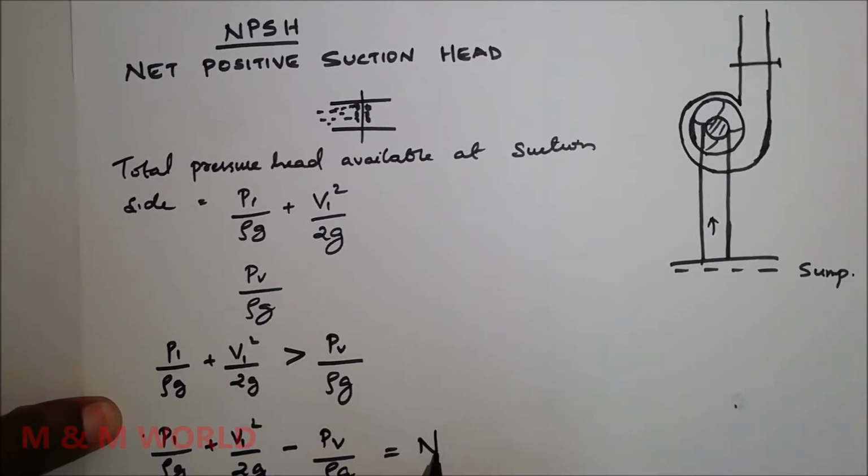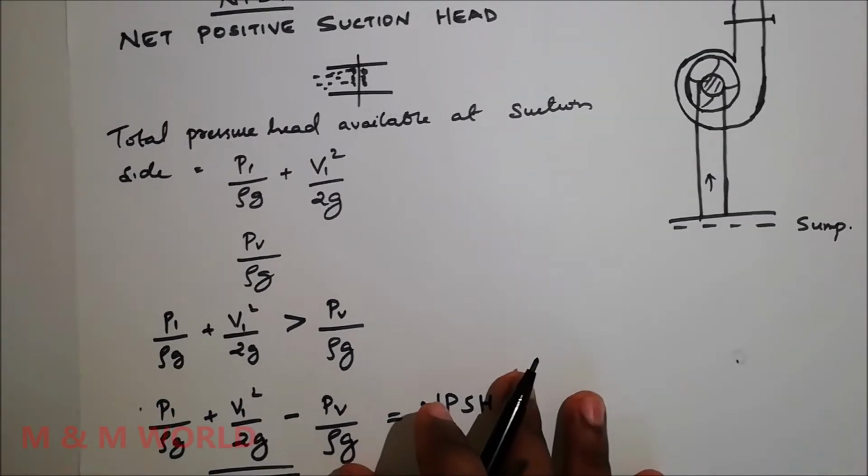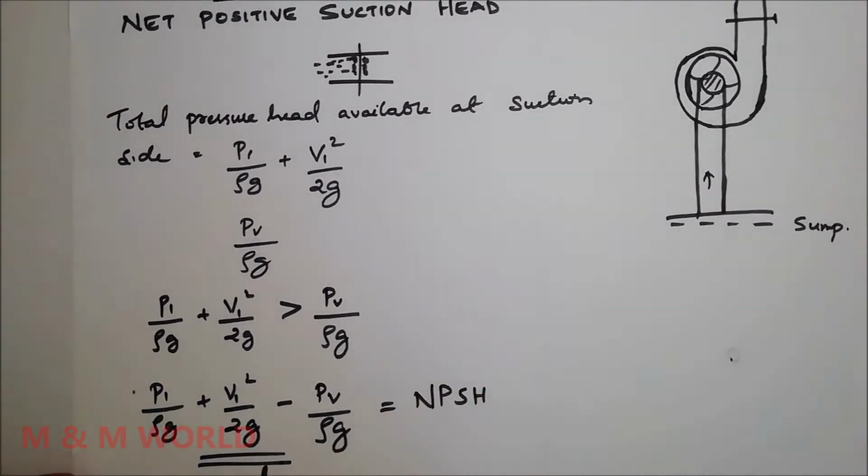This is NPSH. This is the pressure required to prevent cavitation, where P1 by rho g is the absolute pressure head at the inlet of the pump, V1 square by 2g is the velocity head, and PV by rho g is the vapor pressure head.